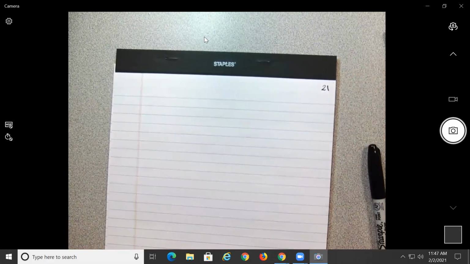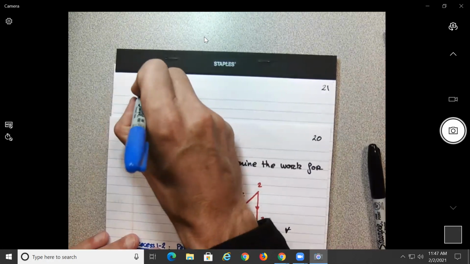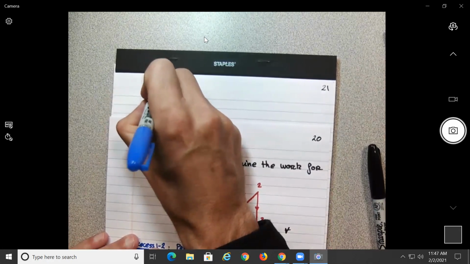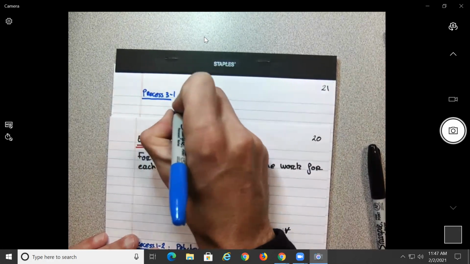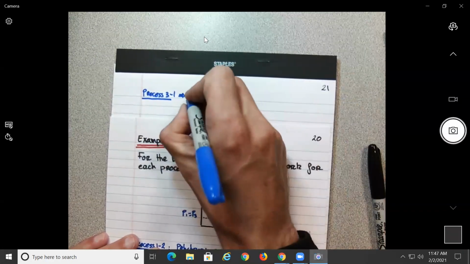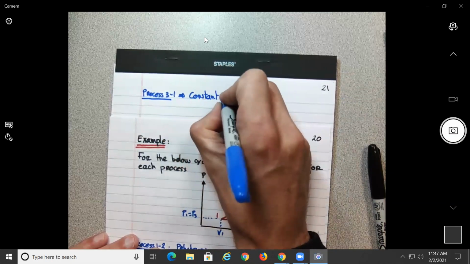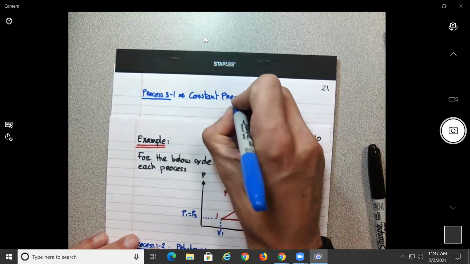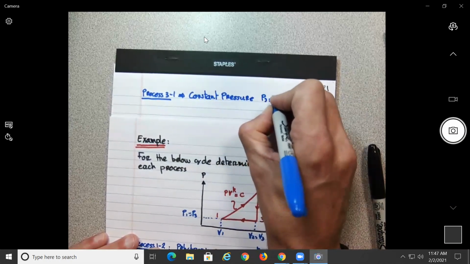Now we do process 3-1. So this one we see that is constant pressure, which means P3 equal to P1.